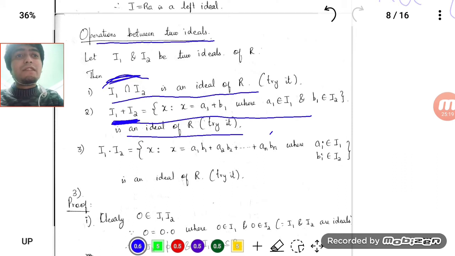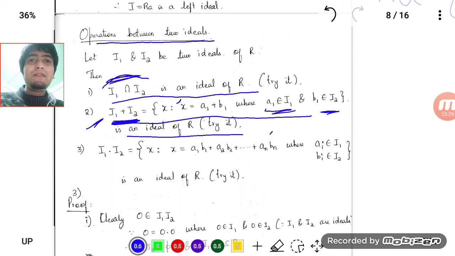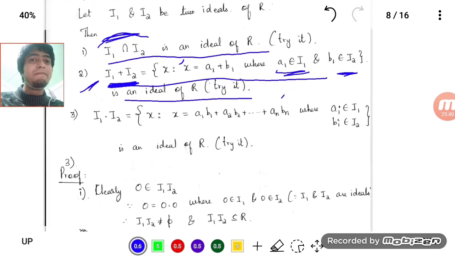It's by using this x, such that x is equal to a1 plus b1, where a1 belongs to I1 and b1 belongs to I2. That is how we define addition of two ideals. Again, you can try this one. If you cannot do it, you can always ask for some help.